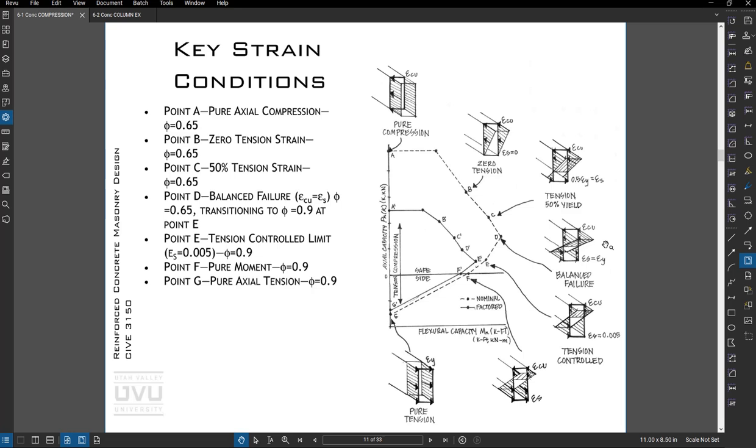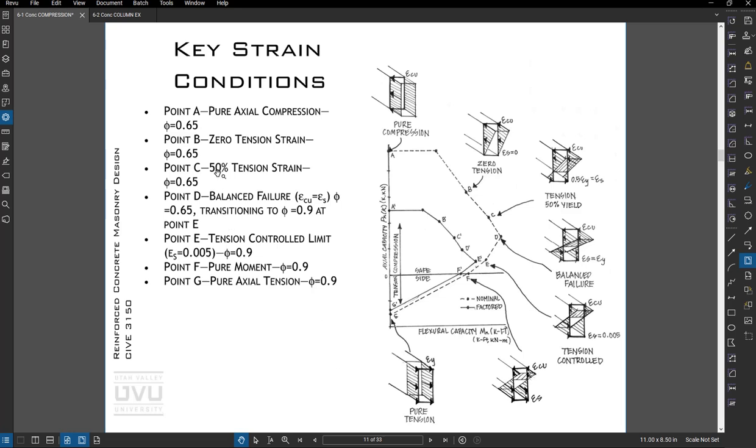The fourth point is where the bar yields when the concrete crushes. This point here is tension controlled, where we have 0.005 strain in the bar, which is about twice its yield strain. And then here is where we have no axial load, just pure bending. And then here we have pure tension.